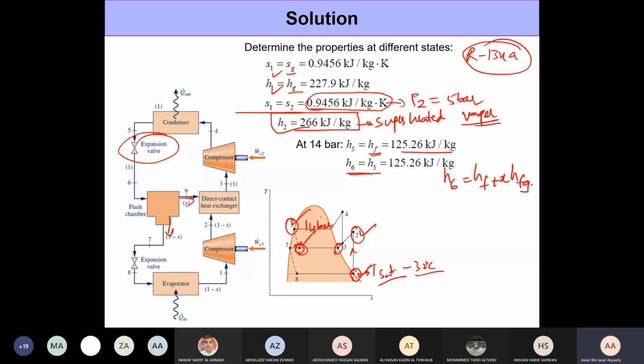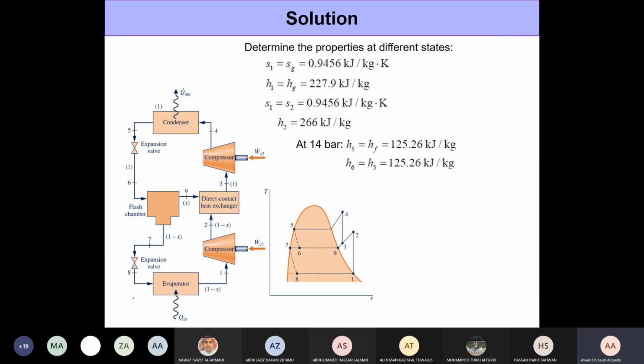So we know the pressure here, it's 5 bar. So we need to go to 5 bar and get Hf and the value of Hg or Hfg from there. Since we know the value of H6, which is equal to H5, we need to use that to determine the quality at state 6. That will tell us how much of it is liquid and how much of it is vapor.